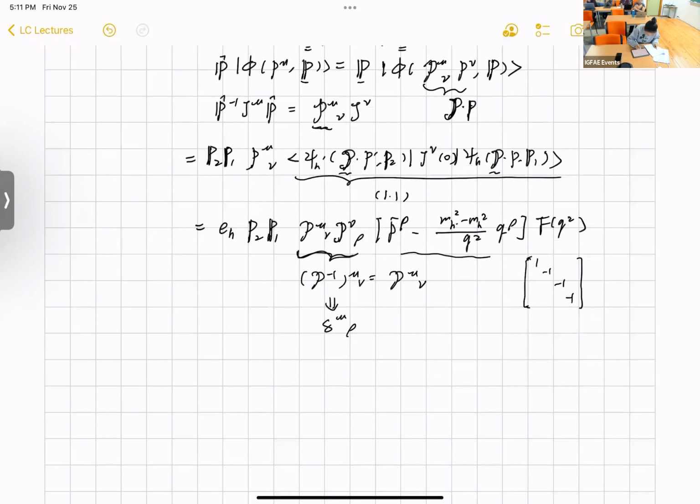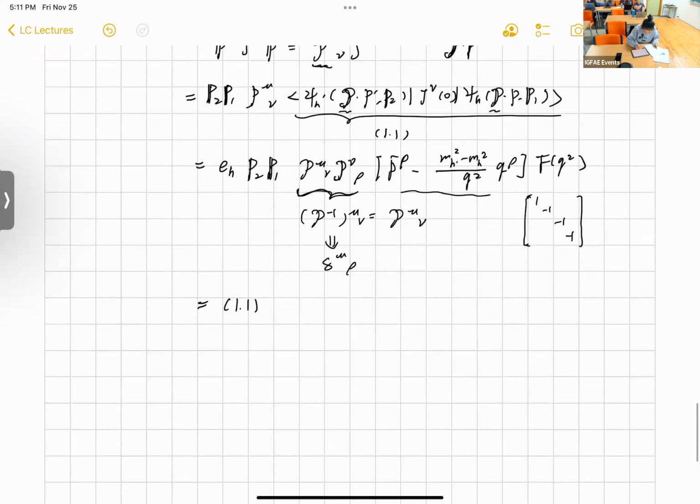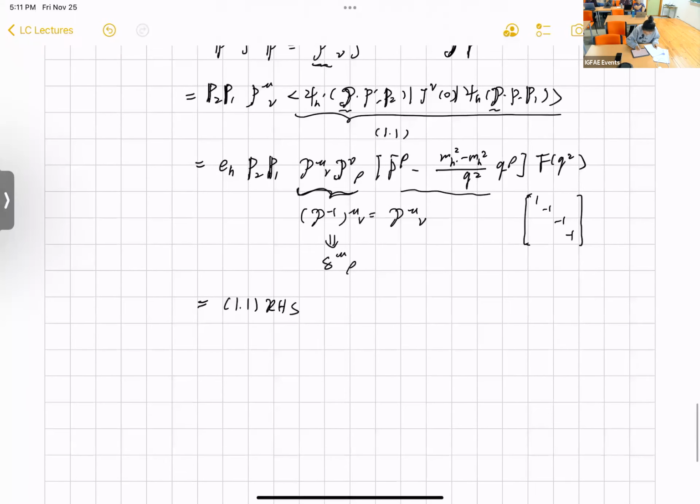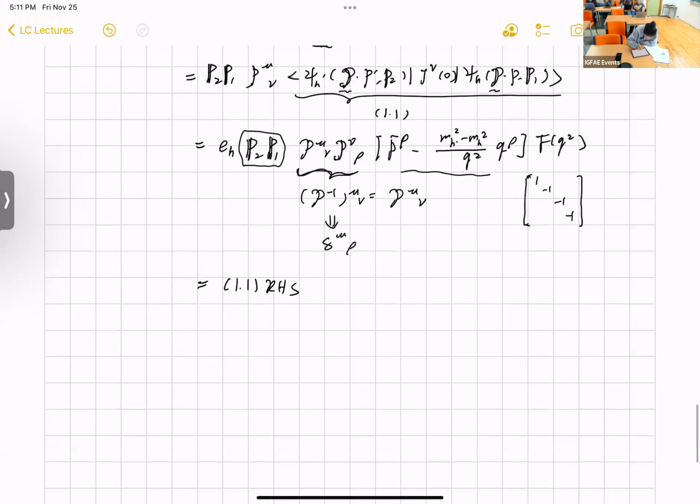And so to compare, I start with the left-hand side of equation 1.1, and what I end with should equal the right-hand side of equation 1.1. But what I see is that if I make this comparison, I get this extra quantity. So this means the product of the parity for the initial and the final meson should be 1.